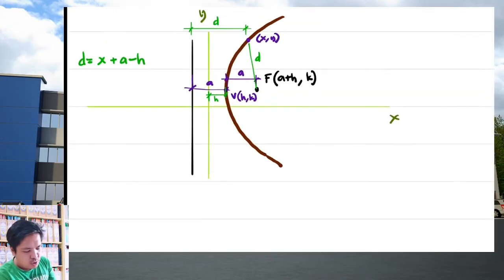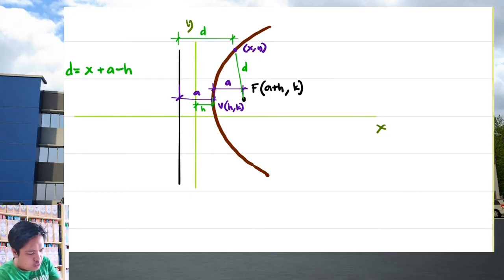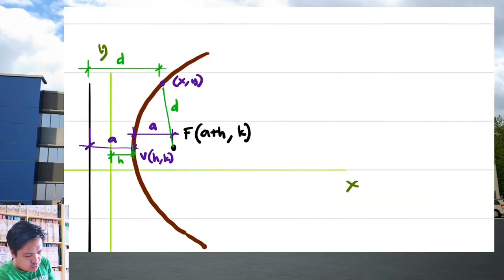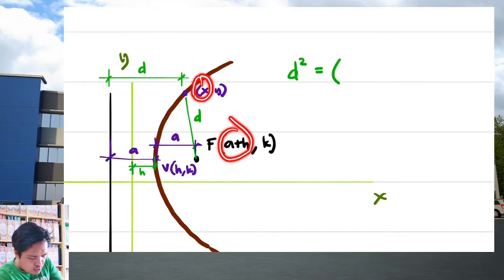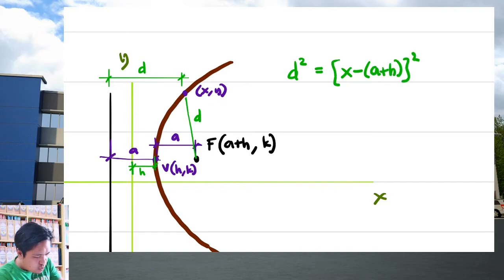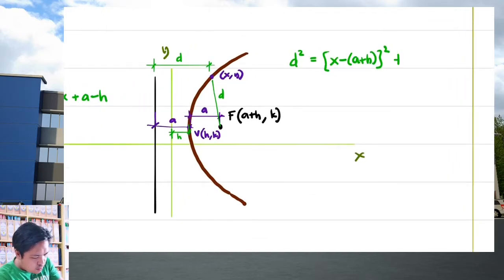Okay, so by the distance formula, d squared is equal to this minus this, then squared. So x minus a plus h squared plus y minus k squared.